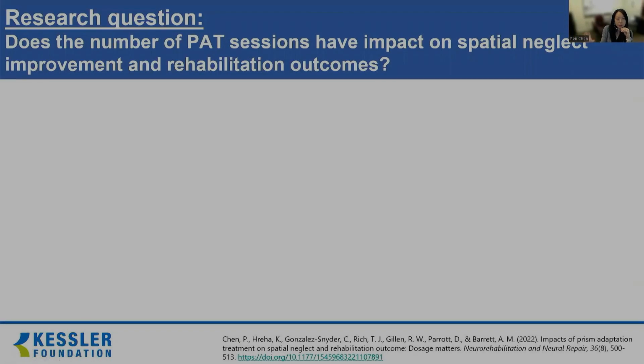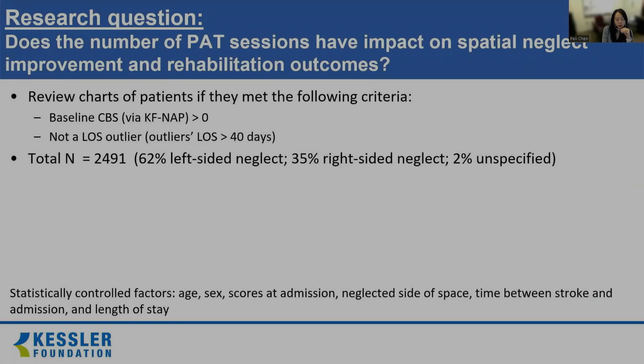So using the data that we collected from the implementation project, because we have thousands of patients' data points, we asked this question: does the number of Prism adaptation treatment sessions have an impact on spatial neglect improvement and outcomes? I'm not going to detail how we analyzed it.